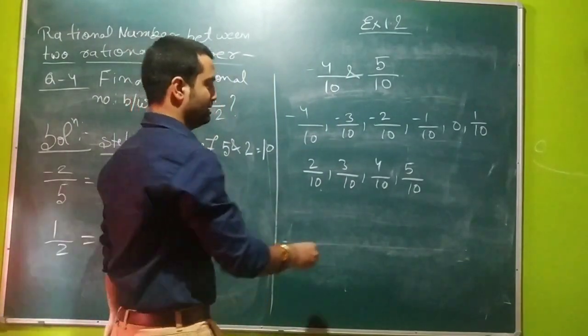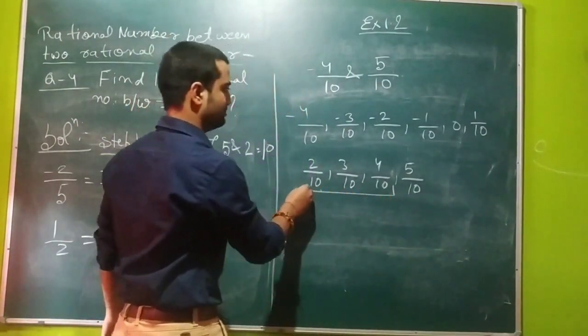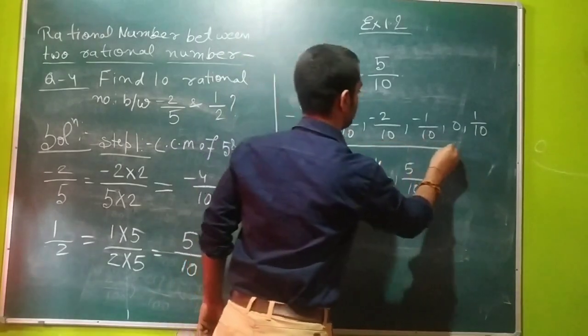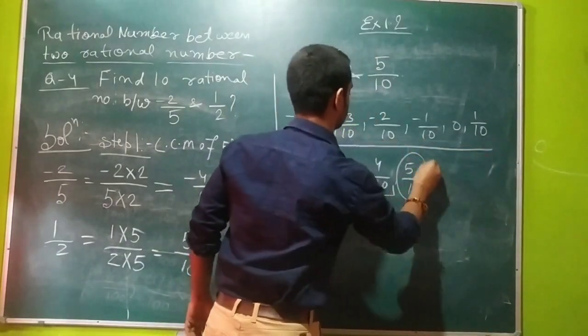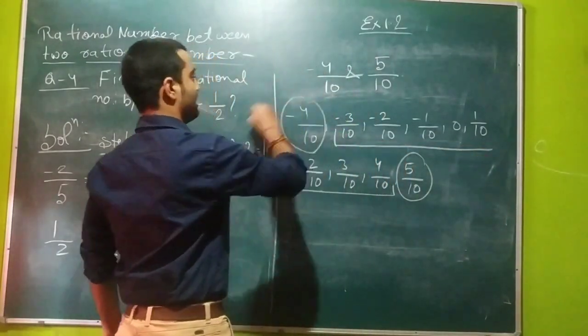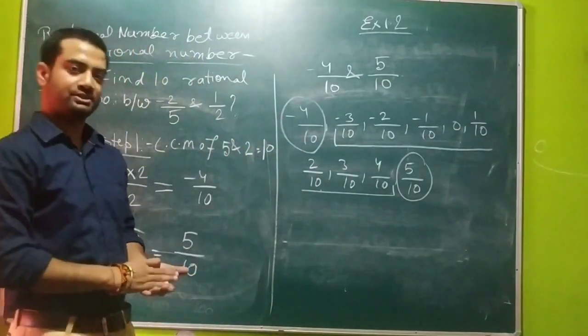In this way, we got 3 rational numbers on one side and 5 on the other between 5 upon 10 and minus 4 upon 10.